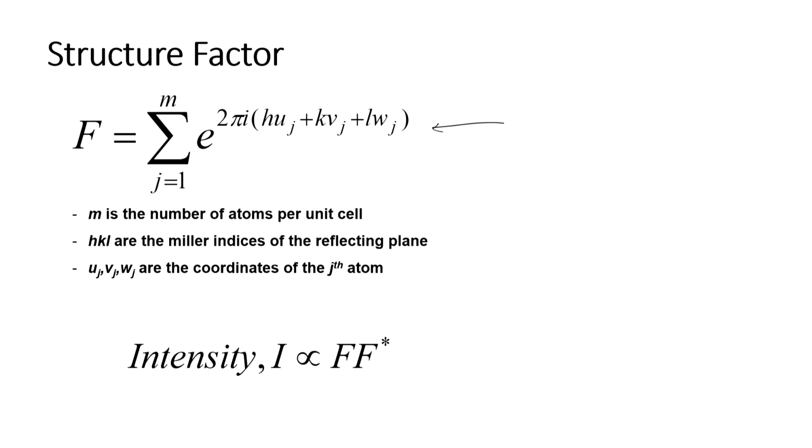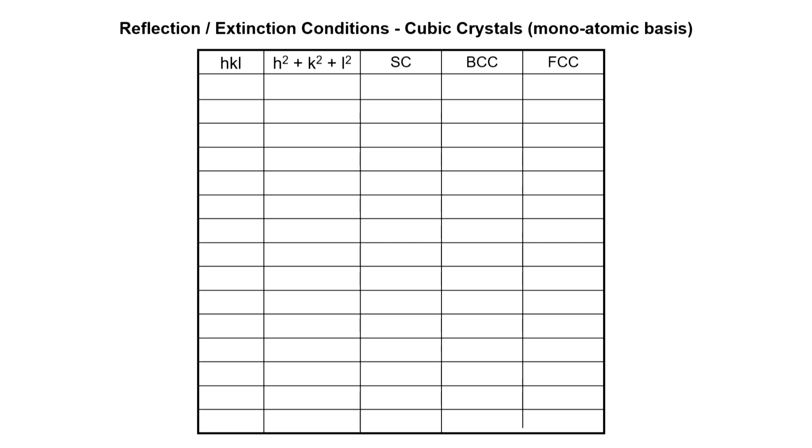Now, I am looking only at cubic crystals in this lecture, and a monoatomic basis. So, there is only one atom in the motif for the basis. Therefore, that particular atom will be sitting at every lattice point of the cubic crystal. If it is simple cubic, the atom would be positioned on the corners of the unit cell only.